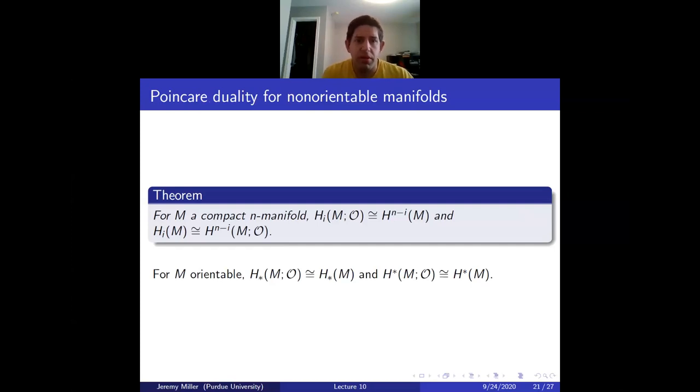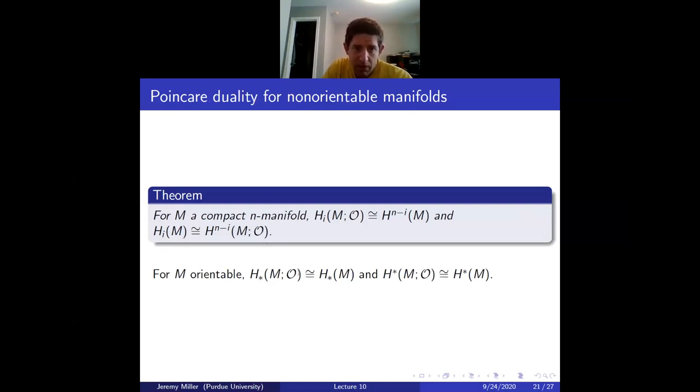And then the statement of Poincaré duality, let's say for compact manifolds, is that the homology of M with coefficients in O is the same thing as the cohomology with untwisted coefficients. And similarly, homology is cohomology with twisted coefficients and the shift. So you can put the O on either side.